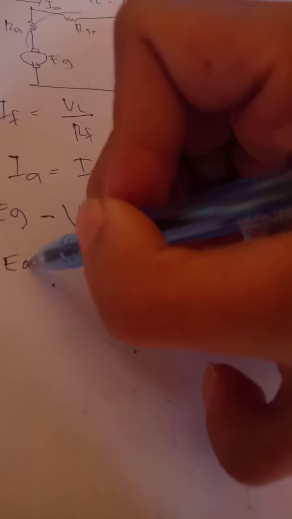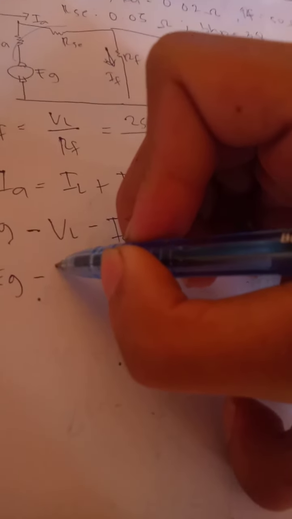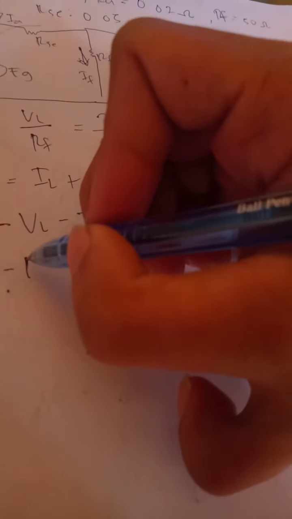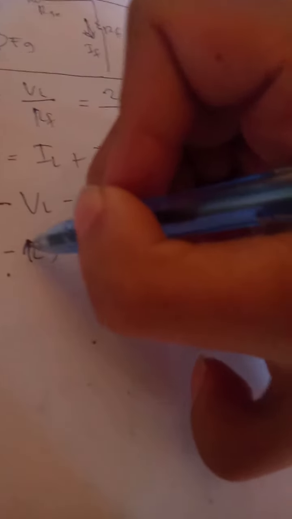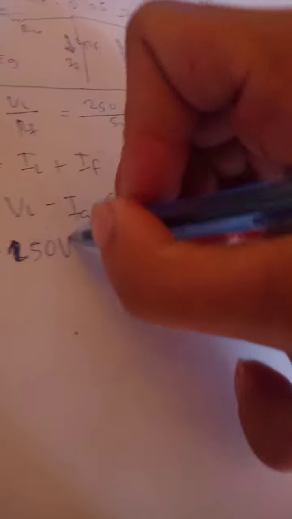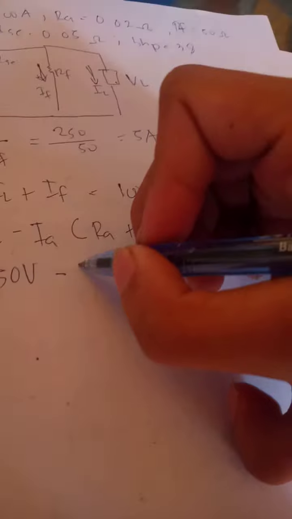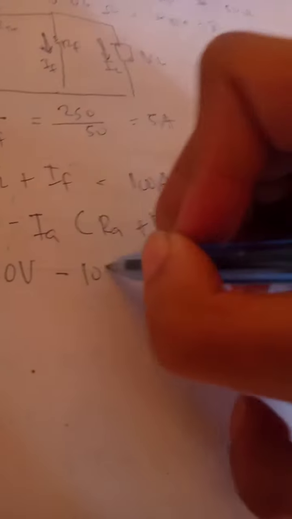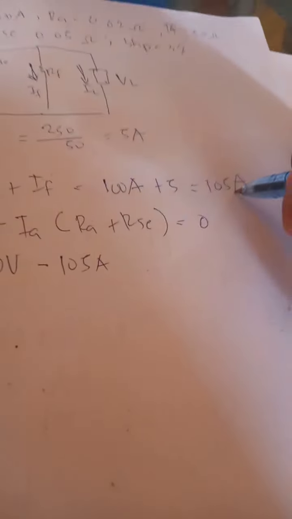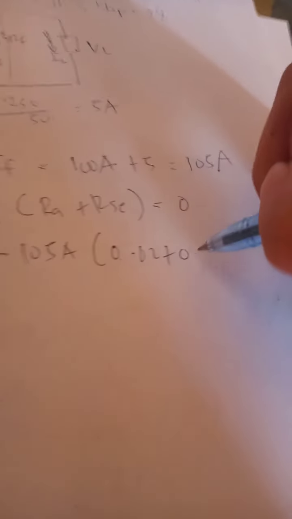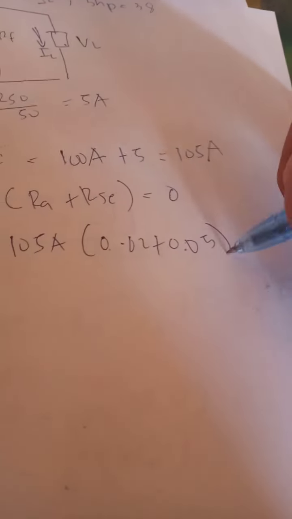We should have EG minus 250 volts minus IA, our IA is 105 amperes here, times RA plus RSE, 0.02 plus 0.05 ohms, equals 0.